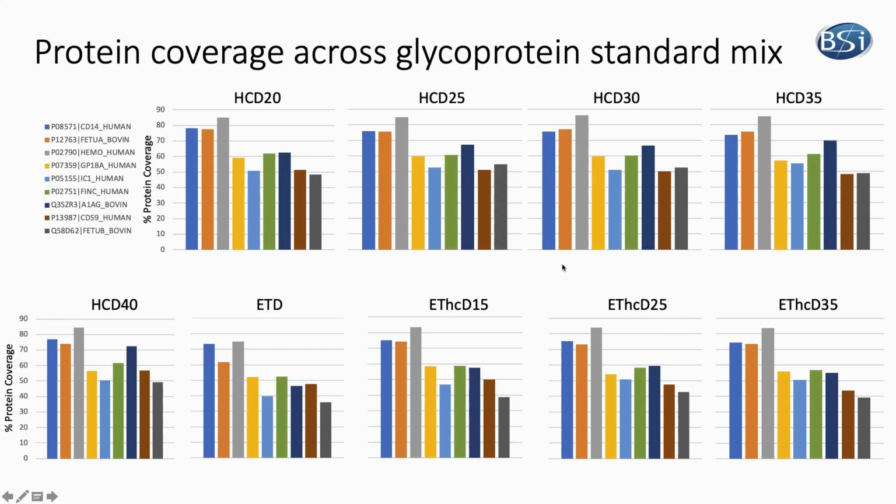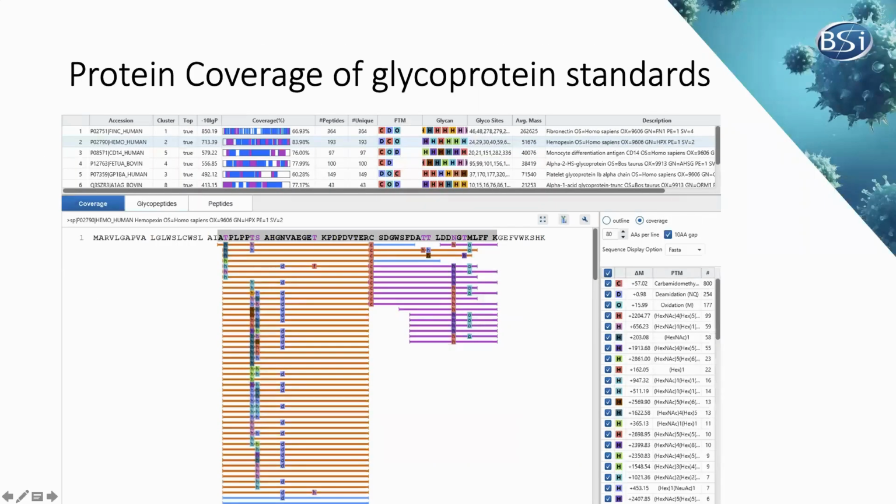So next I looked at the overall total number of glycopeptides that could be identified from each method. Oh, sorry, this is just what the protein coverage looks like, which I'll go into a little later in the software demo.